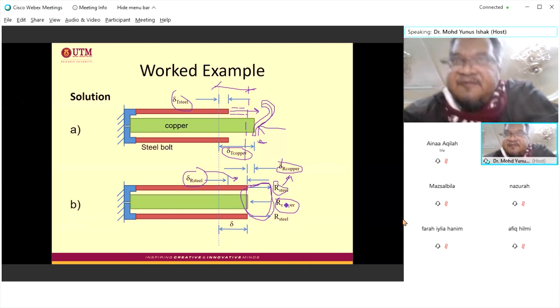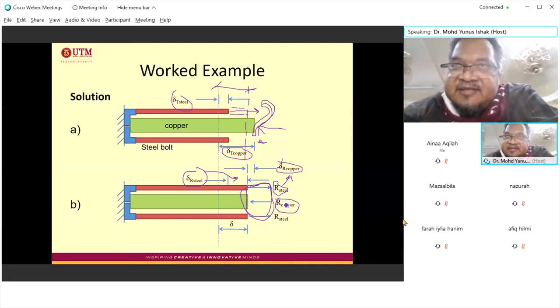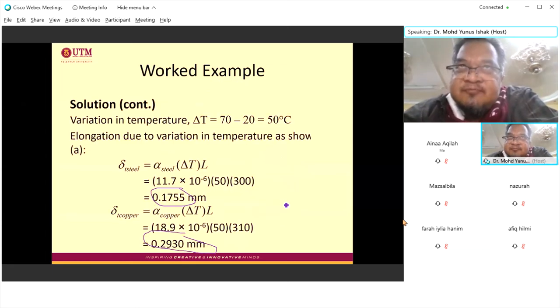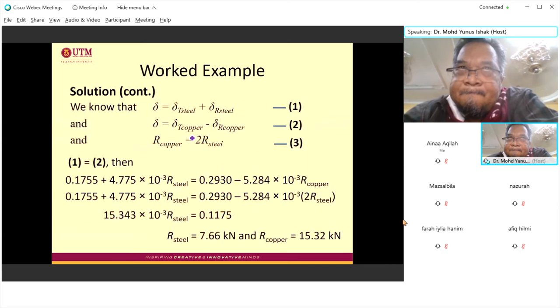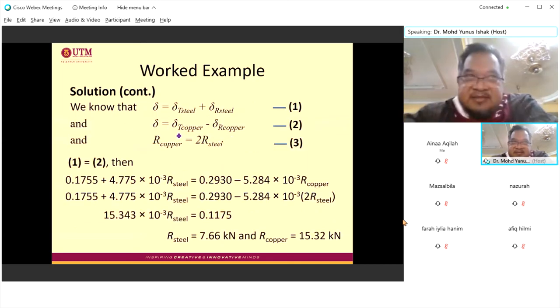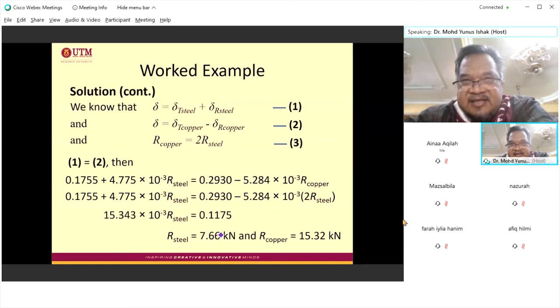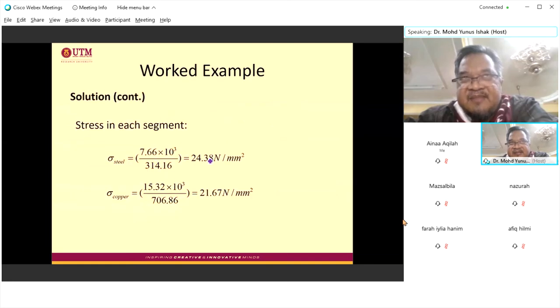So left is R copper, right is 2R steel. So we make equation 1 and equation 2 and replace one force, either copper or steel, and we get steel. After that, put it back to the copper. So calculate the stress, divide by area.